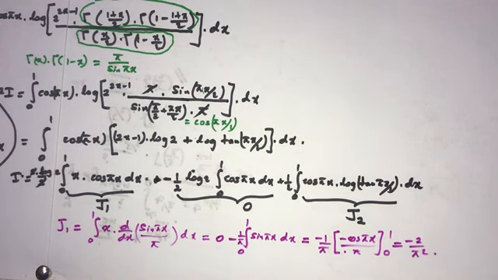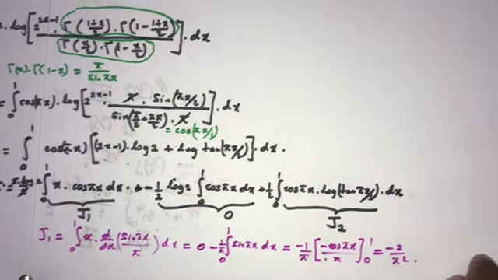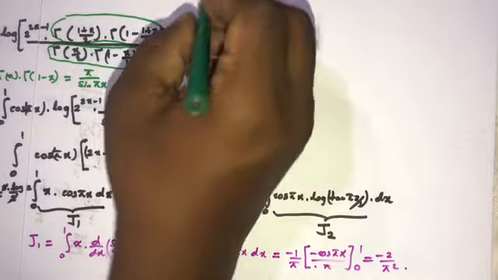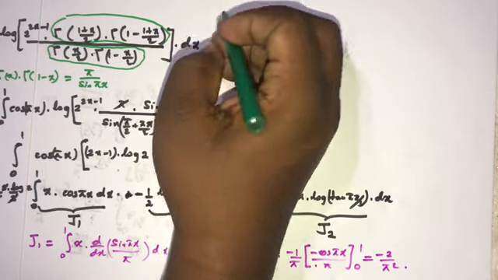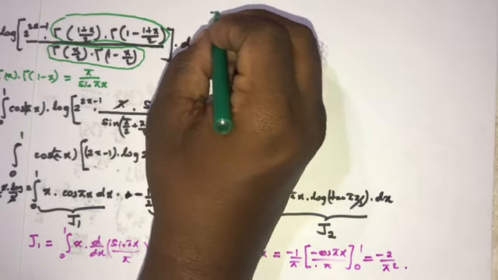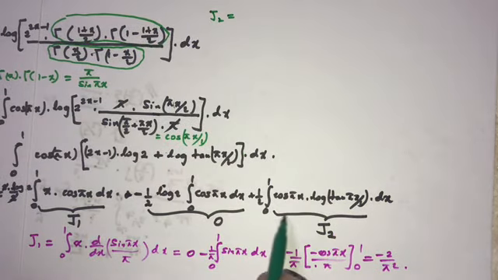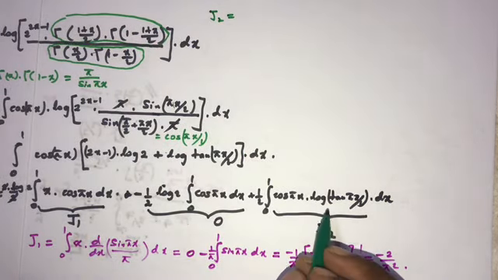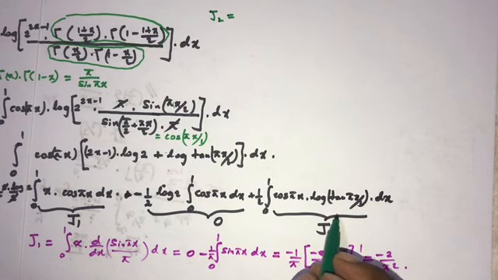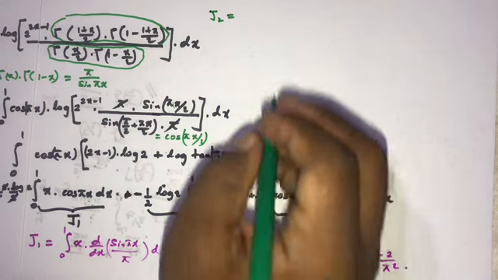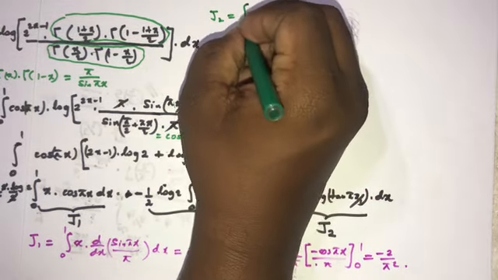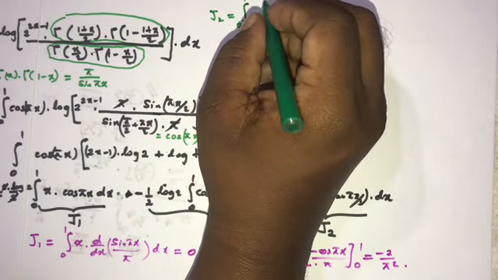Okay, then I'm going to evaluate J2. So now we know J2 is equal to cosine of pi x times natural log of tan of pi x over 2. Again we can use the integration by parts method, so we write the integral from 0 to 1.